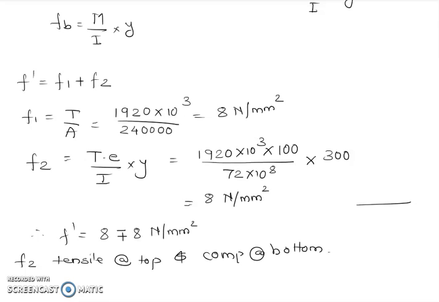So there will be a tensile force that will be exerted here, but it is going to experience compression after the loading. So there will be compressive force at the bottom and tensile force at the top. That's why we write it as negative and positive. Negative for tension and positive for compression. So we write tensile negative on top and positive at the bottom. So this sign convention will tell you where it is tensile and where it is compressive.